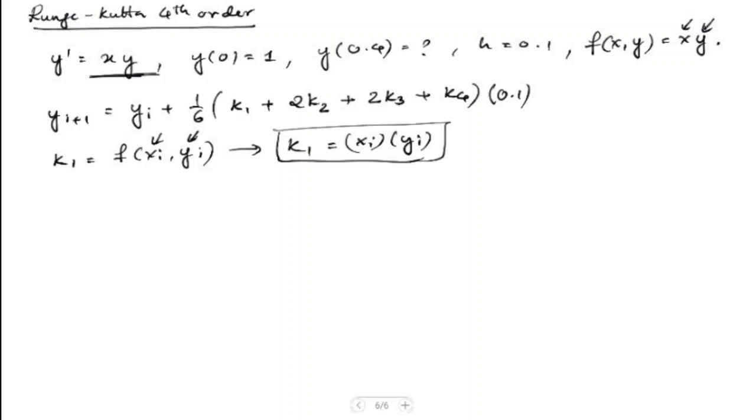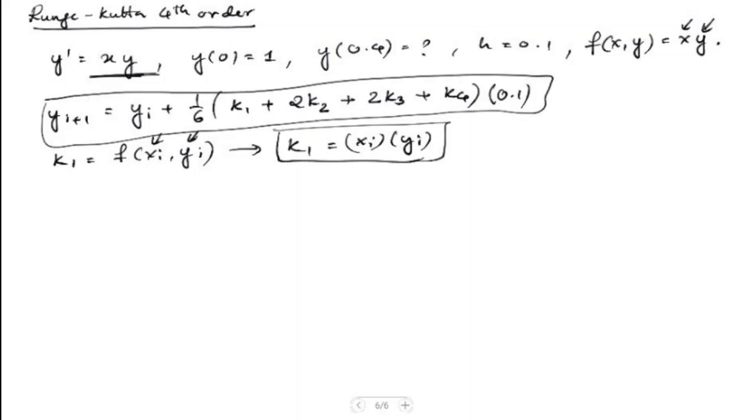So here we have the formula for y(i+1). For k2, our formula is f of xi plus half times h, comma, yi plus 1/2 times k1 times h.